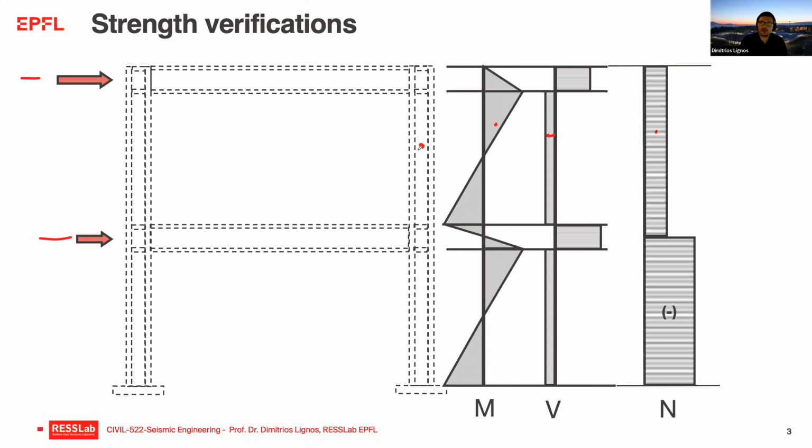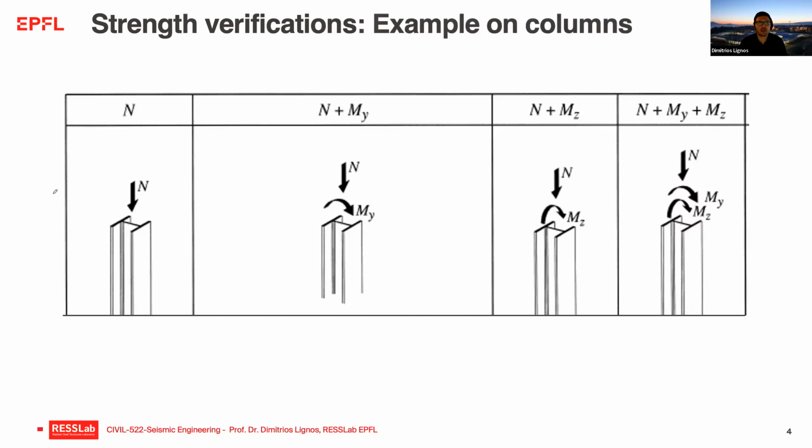For instance, since in this case we talk about columns, if we look back into columns, usually you're going to design a column of this frame to resist the axial load that you anticipate. So that would be this one.